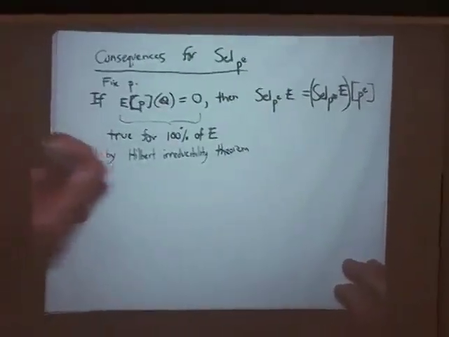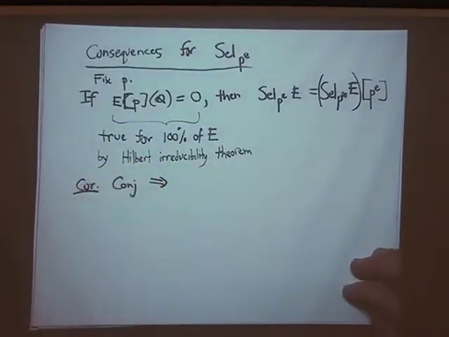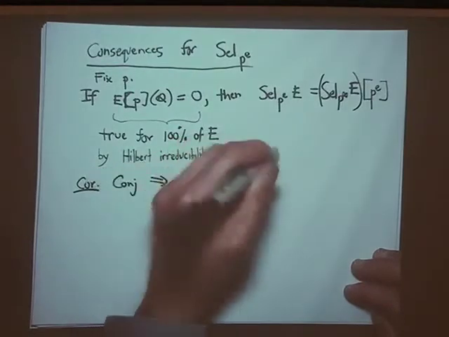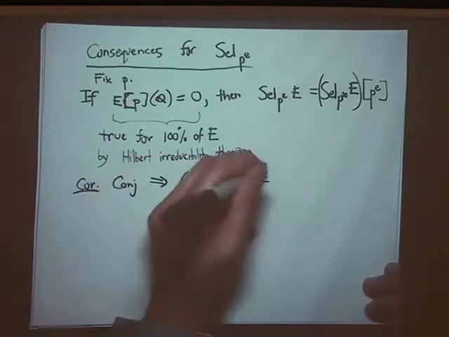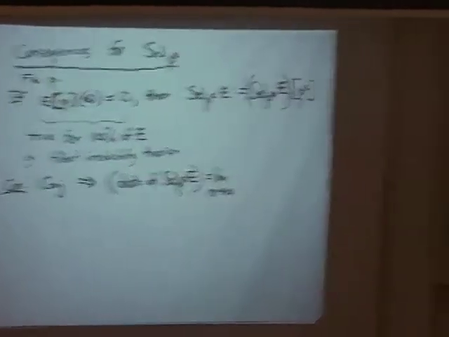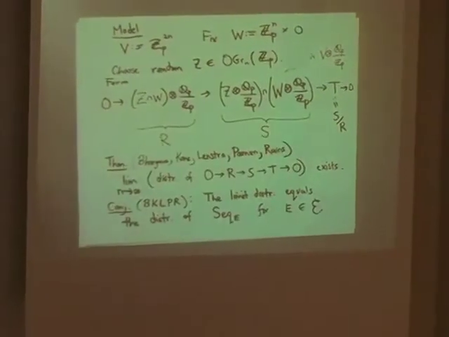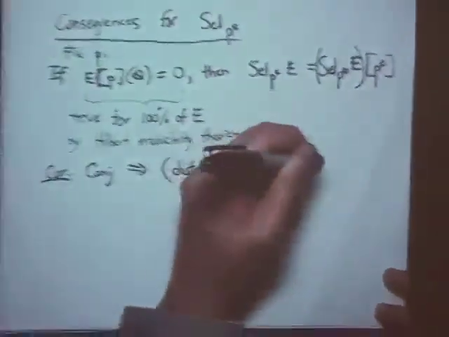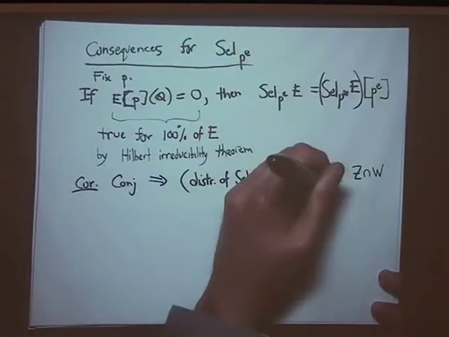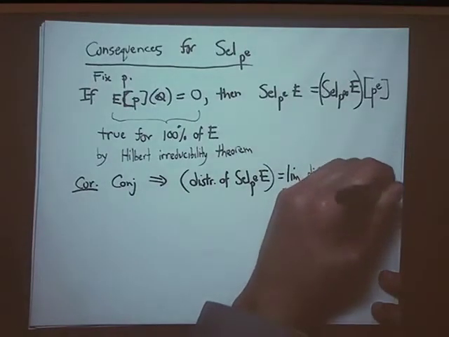And so as a corollary, if you accept this conjecture that this really is modeling elliptic curves, then it will tell you that the distribution of this finite abelian group, this p to the e Selmer group, is equal to the limit as n goes to infinity of the same process you do here, except instead of tensoring with Qp mod Zp, you just take the p to the e torsion in both of them, which amounts to taking the distribution of an intersection Z intersect W, where Z and W are now maximal isotropic submodules over Z mod p to the e Z.